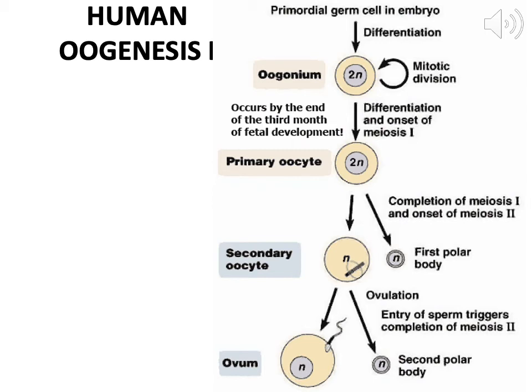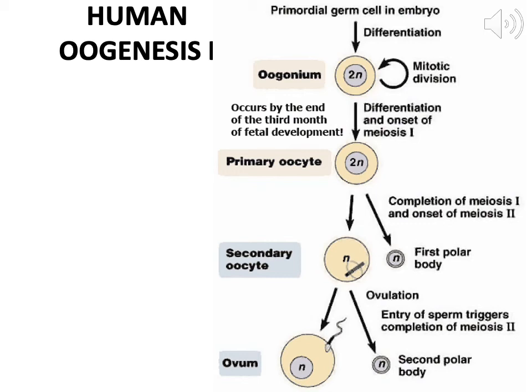The secondary oocyte will continue to divide, goes through meiosis 2, forming an egg cell or an ovum and a second polar body. Once again, we're trying to maintain the maximum amount of cytoplasmic resources in that egg cell. So all told, the process of oogenesis begins with a diploid oogonium, which may or may not undergo meiosis.